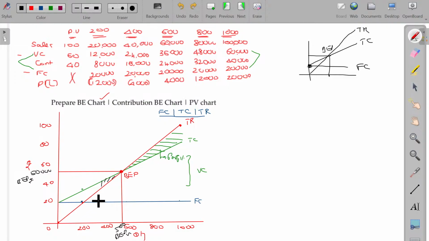So anything below the BEP point will be your loss zone. Is that okay? Profit zone and loss zone. Okay, and this angle, this is called the angle of incidence.